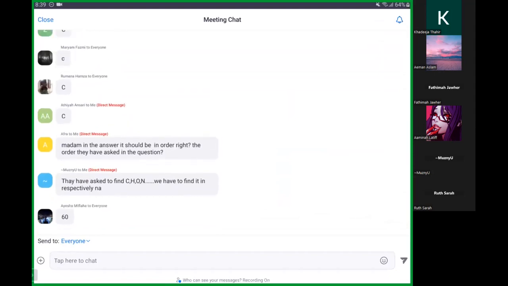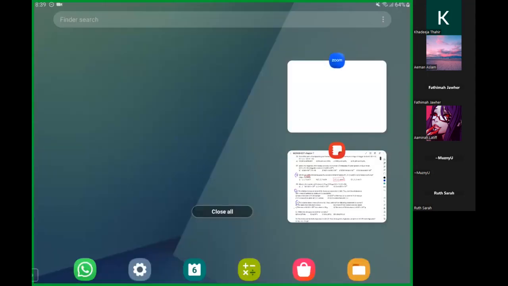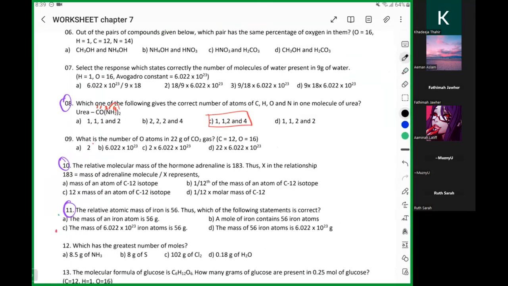Madam, in the answer, it should be in order, right? CHON. Oh yeah, okay, now I get what you mean. We'll just change this one then. If they say respectively, that's what they mean. So normally we'll go as C, O, N and H, right? So for those who said that, if you look at it that way, you're right.